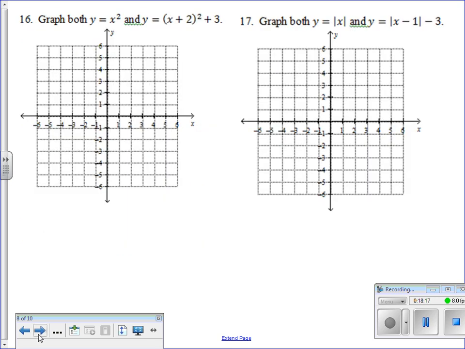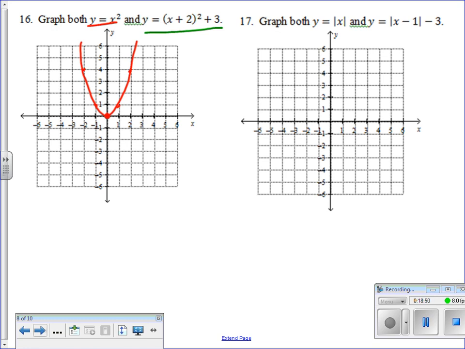Okay, graph both y equals x squared and y equals (x plus 2) squared plus 3, excuse me. The plus 2 inside means that I move my vertex to the left 2.